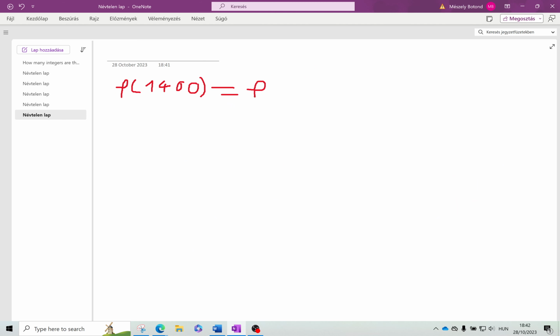So you know that it can be written like this, 2 to the power of 3 times 5 squared times 7. And there is a theorem which says that this can be calculated by taking the prime numbers and taking one away from the power, so 2 to the power of 3 minus 2 to the power of 2.